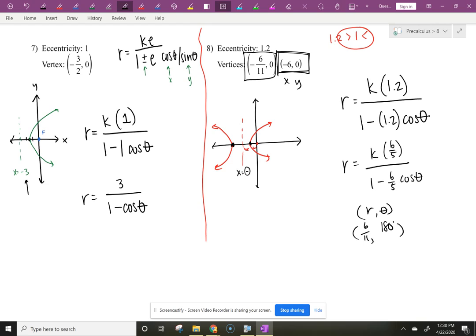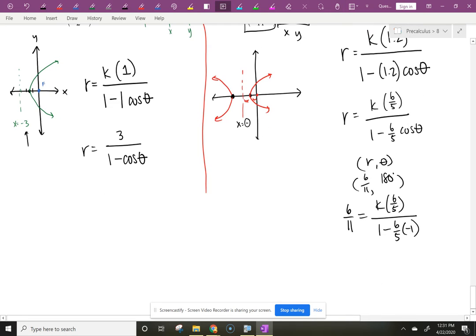So what does that mean? That means r is 6/11 and k I don't know, but it's multiplied by 6/5. And I have 1 minus 6/5, and then the cosine of 180 degrees is negative 1, right? So now I just got to solve this mess of a problem that I've created for myself. 6/11 equals 6/5 times k over, was that 1 plus 6/5?